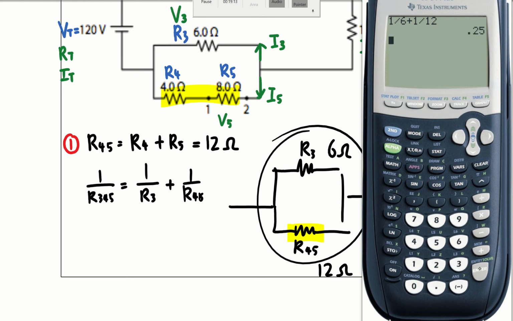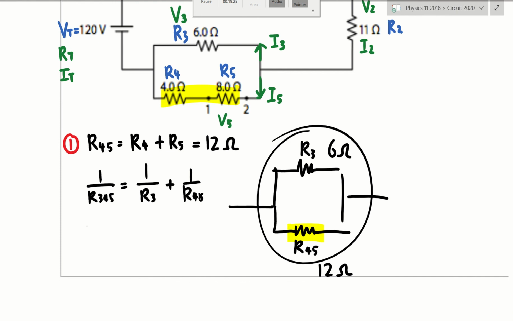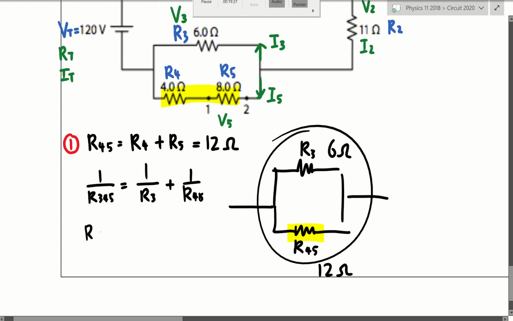So you add the two, and then you just do 1 over the answer. Most calculators have an answer recall button. That means the 0.25. So you do 1 over that 0.25, and you get a 4. That is it. R345 is 4 ohms. Okay, so 4 ohms in total.